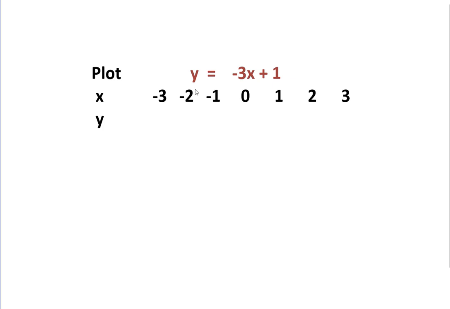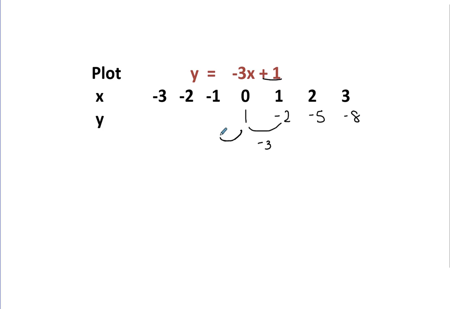So here we've been asked to plot y equals minus 3x plus 1. So you can tell your 0th term is plus 1. And then your difference in your numbers is minus 3. So you're going 1 minus 3 that way. So you have minus 2. Minus 3 is minus 5, and minus 3 is minus 8.